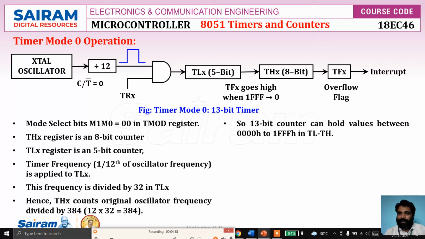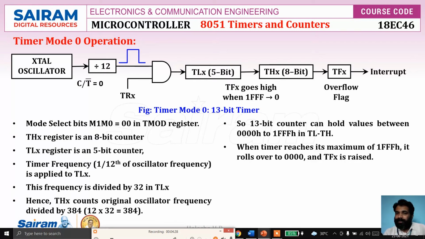It is a 13-bit counter now, which can hold values between 00H and 1FFFH. Whenever the timer reaches its maximum count, it rolls over to 0, and the corresponding timer flag TFX is raised. So this is about mode 0 operation.